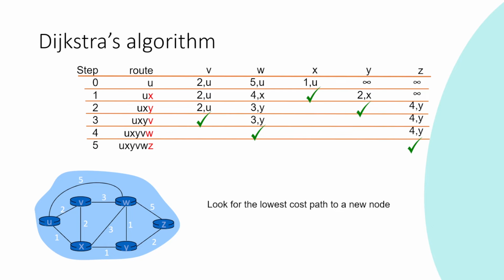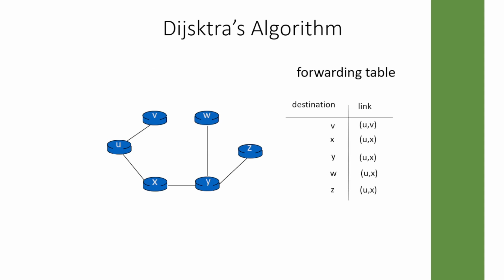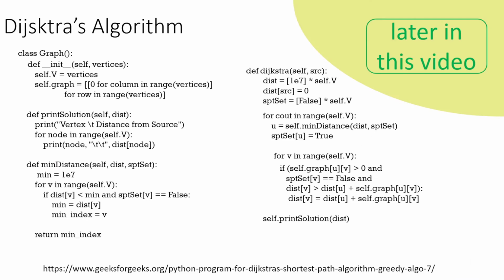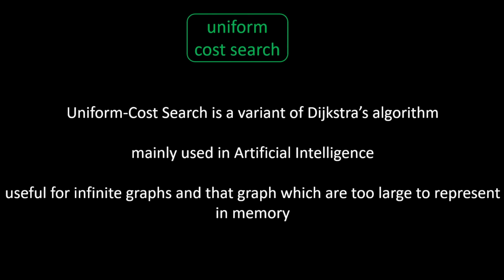So with Dijkstra's algorithm, we can work out the minimum cost, like the shortest path, to each of the nodes. So we'll have a look at the Dijkstra algorithm later on in this video. Here's the code, but we'll explain it more later.